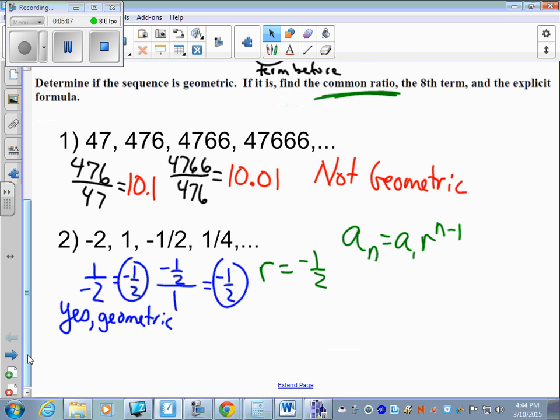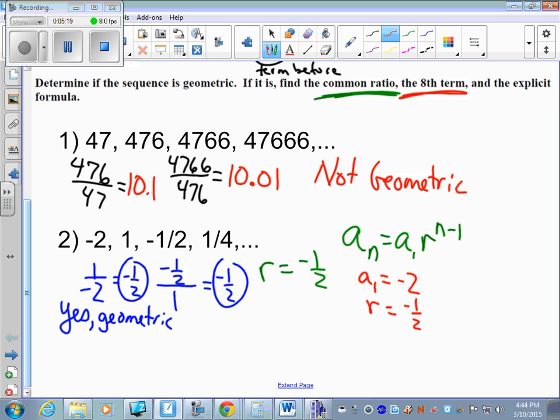What's the first term in this sequence? -2. What's the ratio? We have that already, -1/2. And the term we're trying to find, eighth. We have all of that, so now we can find the eighth term.